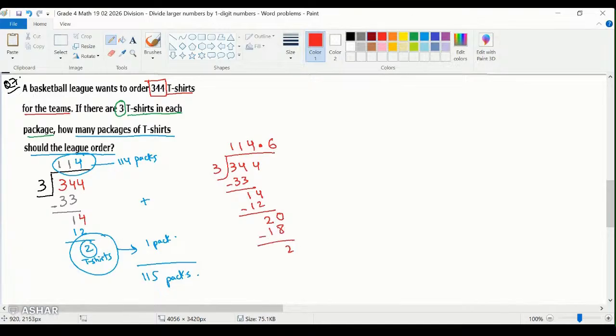So whenever we are getting an answer that is in decimals, we round this number to the next number. So that means we can say 114.66 packets cannot be bought, which would be rounded off to 115 packs. Do we agree?